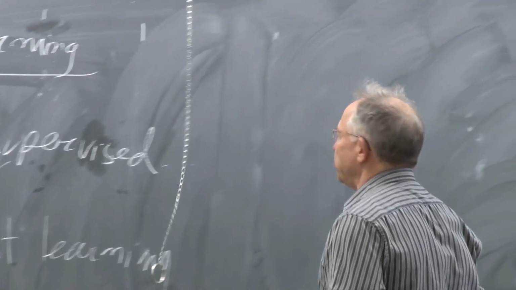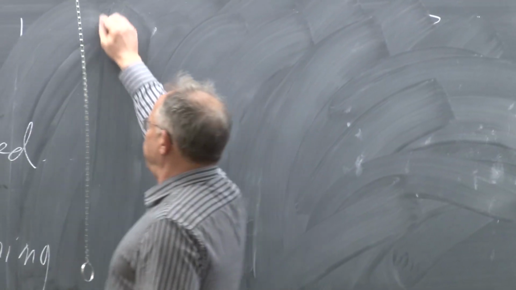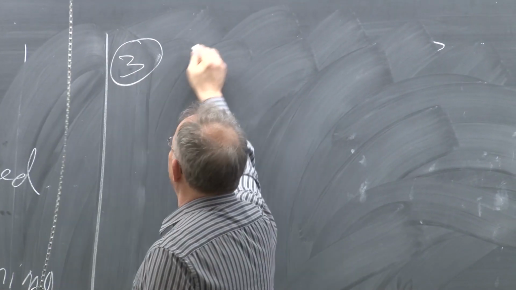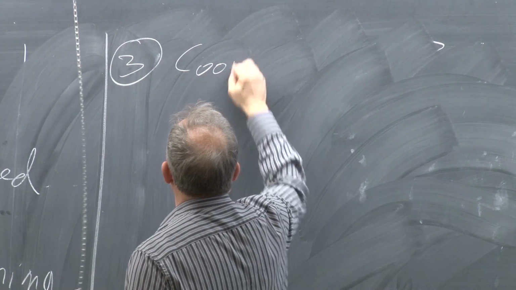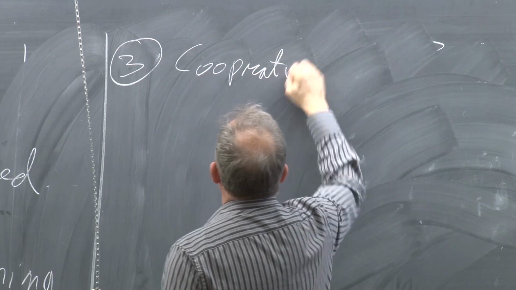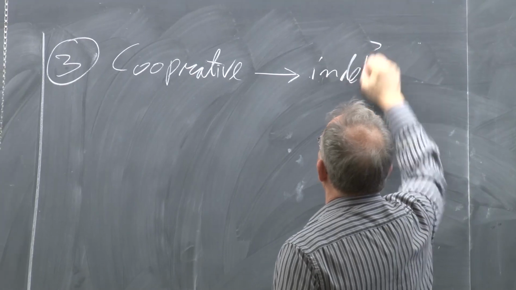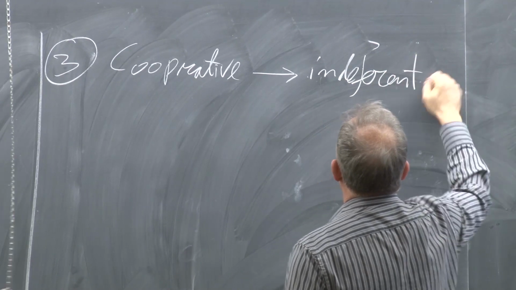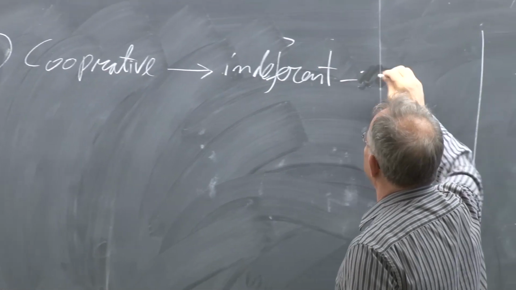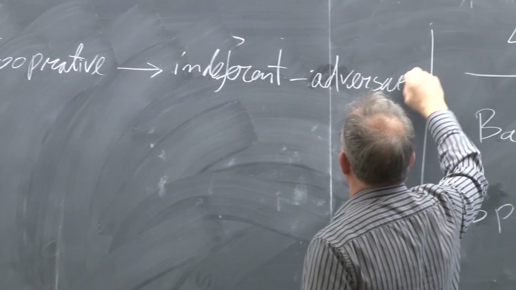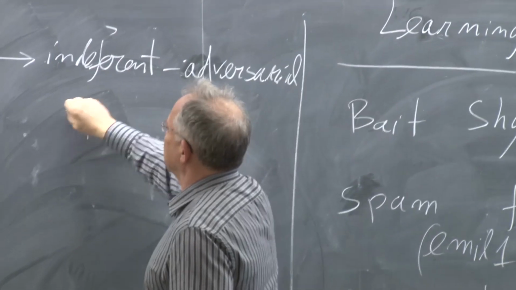Another important component is what kind of teacher you have: a cooperative, indifferent, or adversarial teacher.